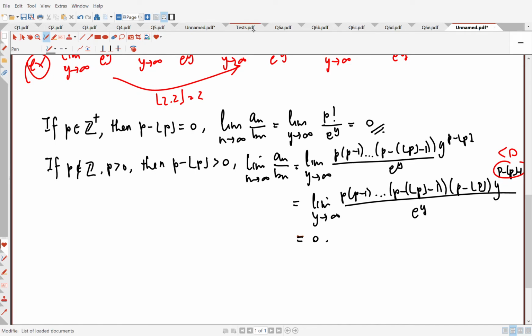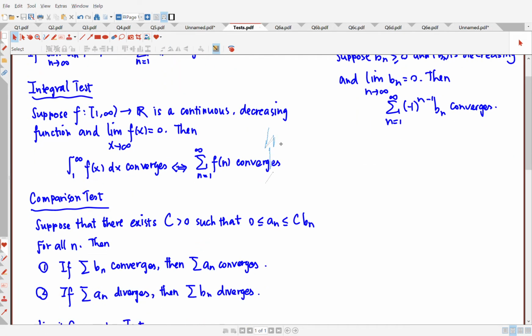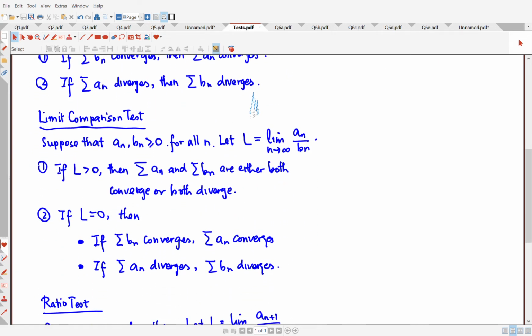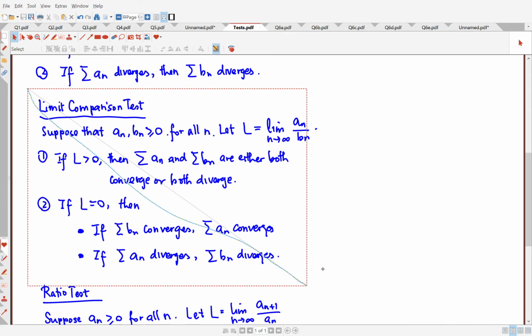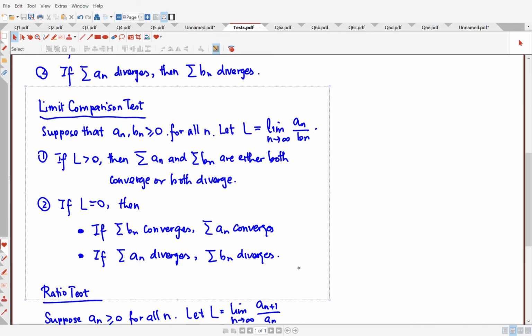So what does it mean? Okay, let me copy here. Limit comparison test.